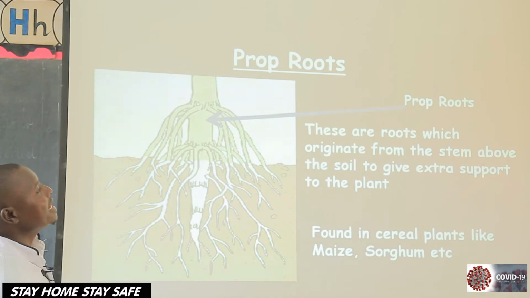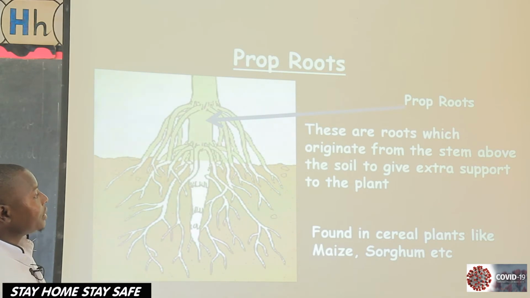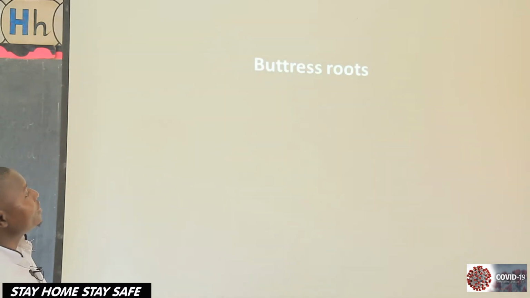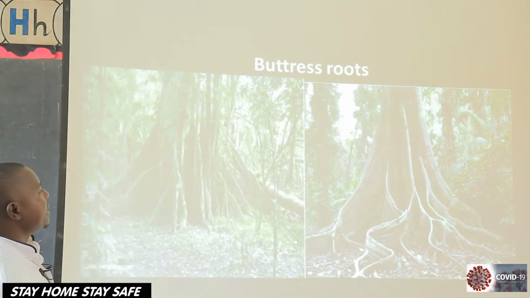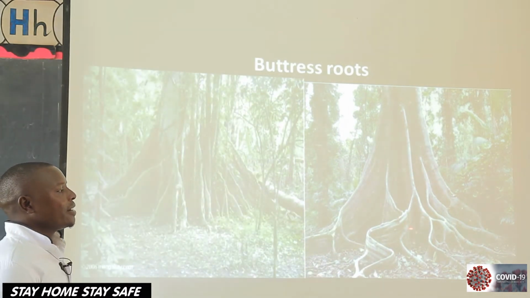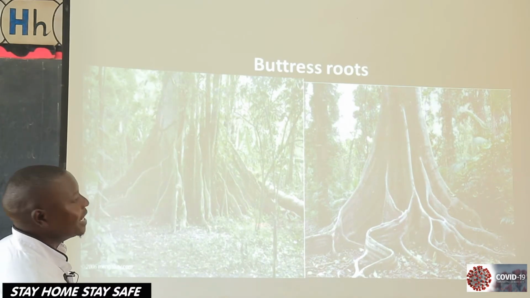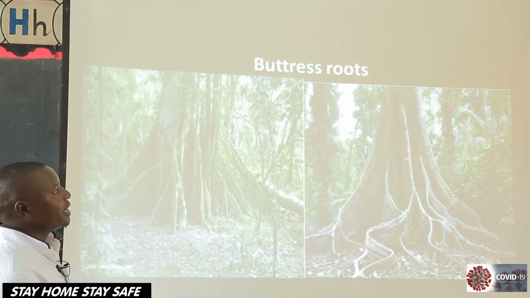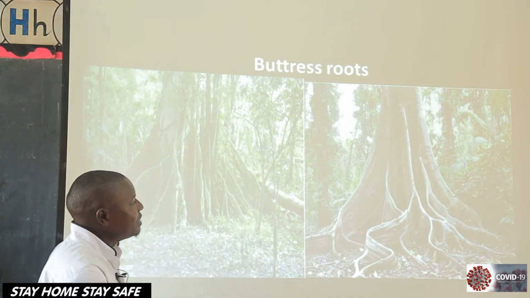Let's look at another type of adventitious root. Those are the buttress roots. And where do we find them? You can see this place looks like a forest, and that is true. So they develop from the stem. You can look at it.